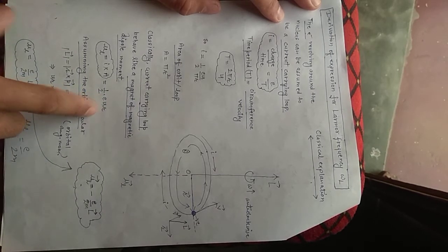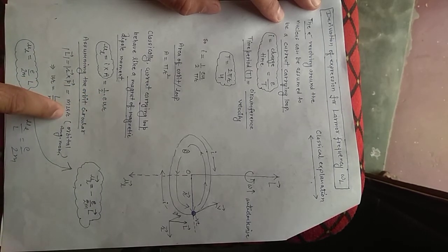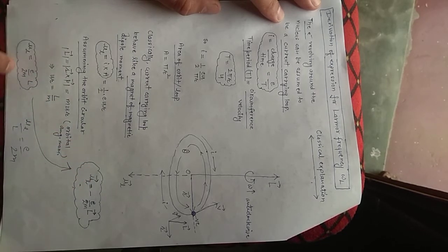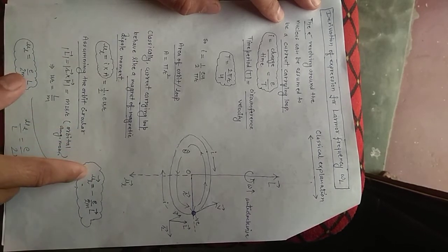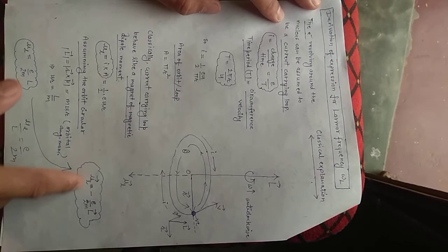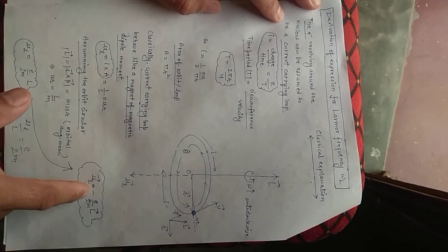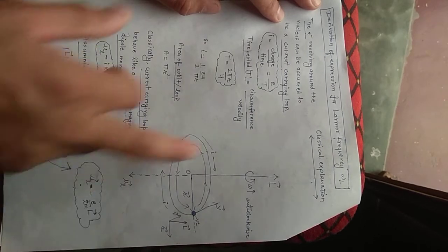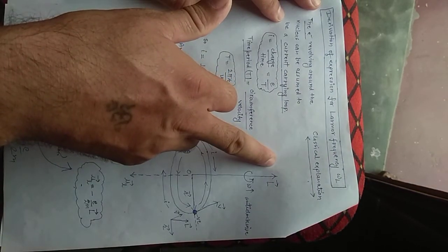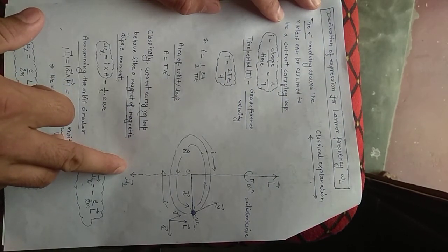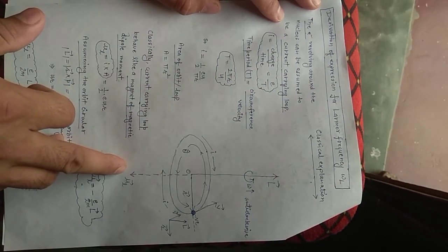So v r we will find from here and adjust in this formula, you will get this formula. If you write it in vector form, then you have to put a negative sign here, because you can see the direction of orbital angular momentum and magnetic dipole moment are in opposite direction.